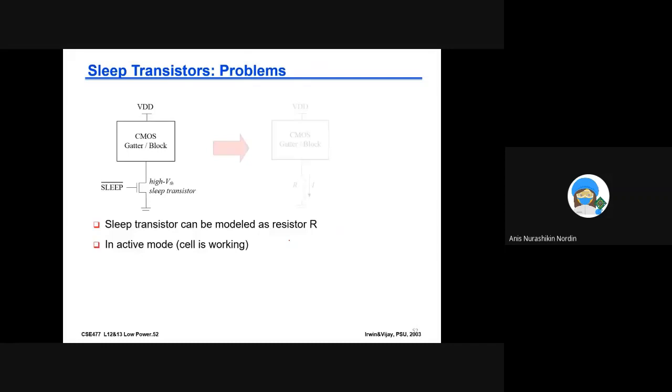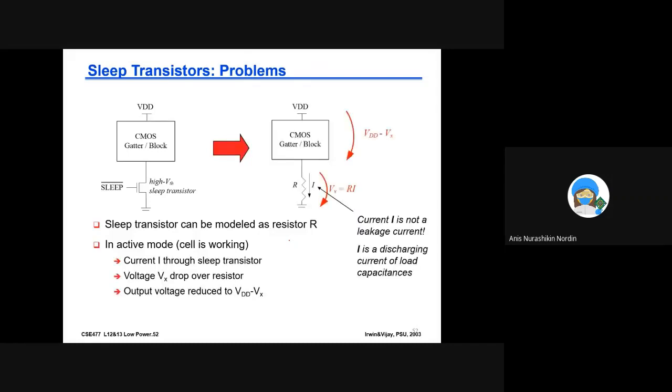Okay, the problem of the sleep transistor, right? The problem of the sleep transistor is that it will create an additional resistor. So in active mode, when the cell is working, there is a current through the sleep resistor, and there is a small voltage drop over the resistor.